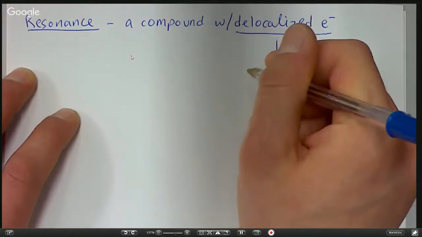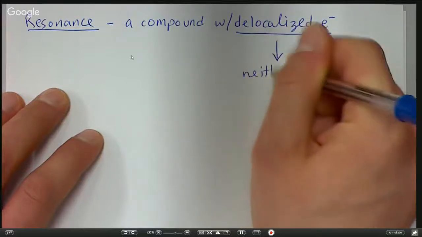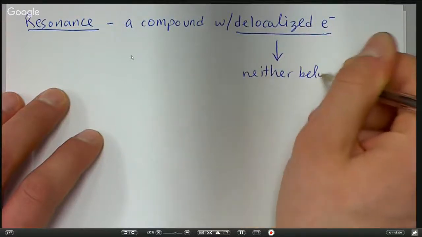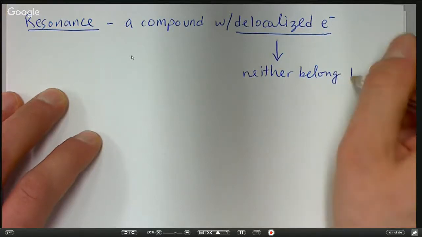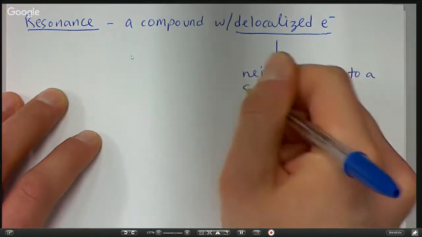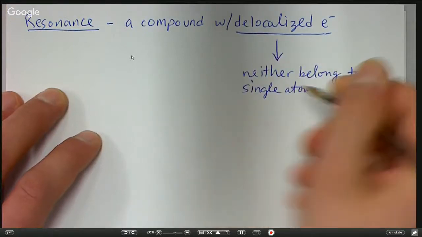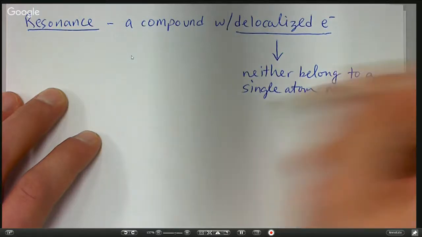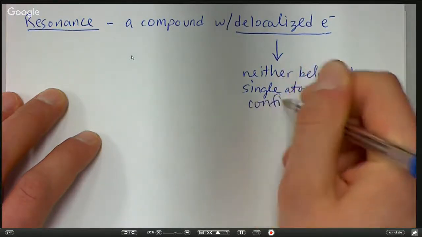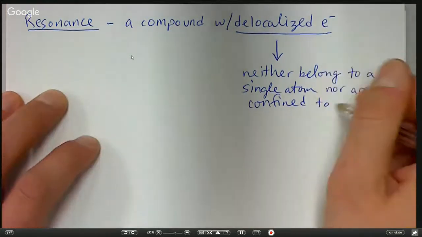This would be electrons that neither belong to a single atom, nor are they confined to a bond between two atoms.